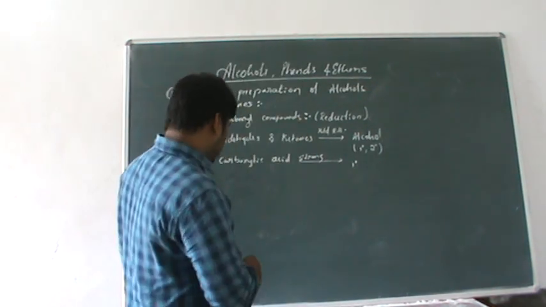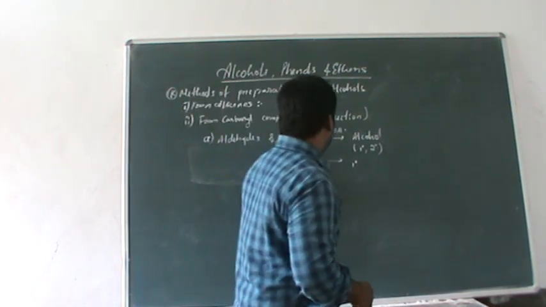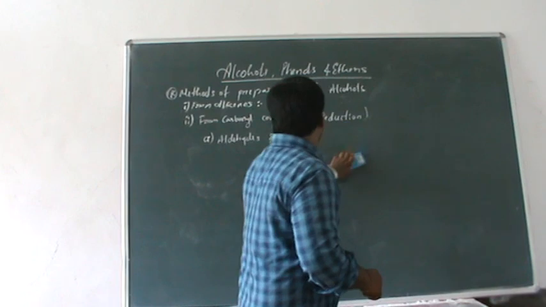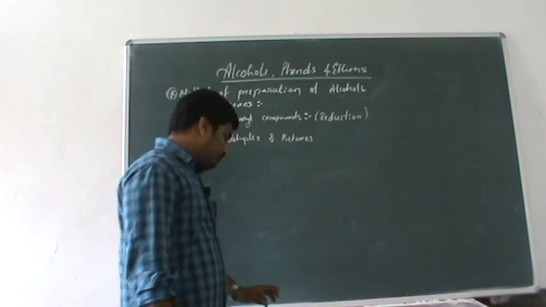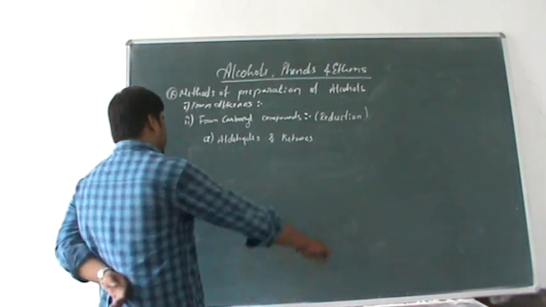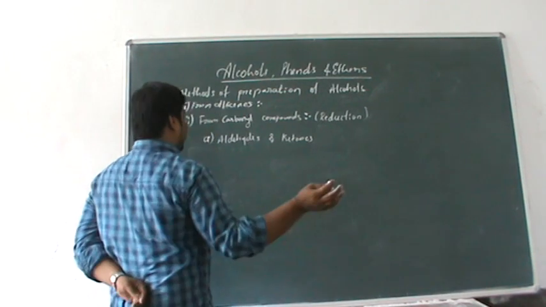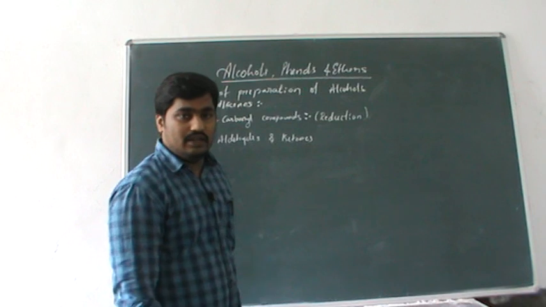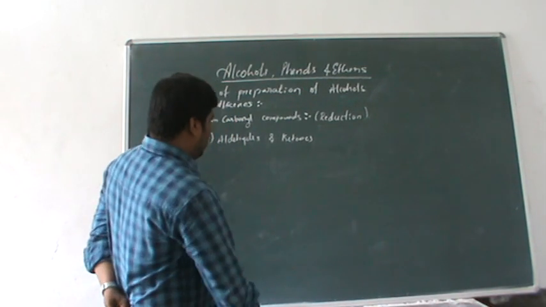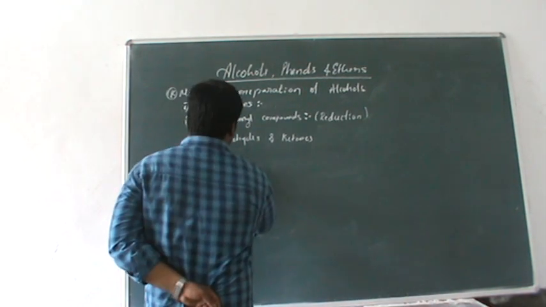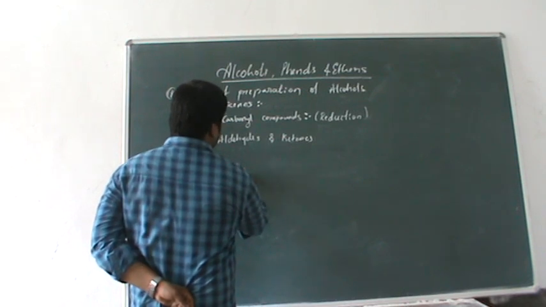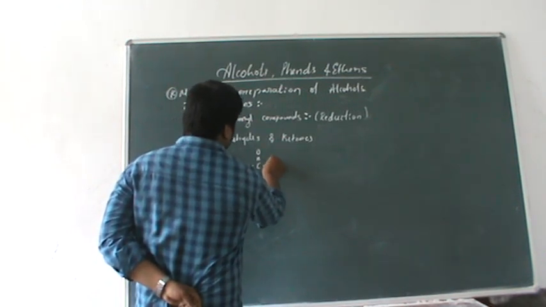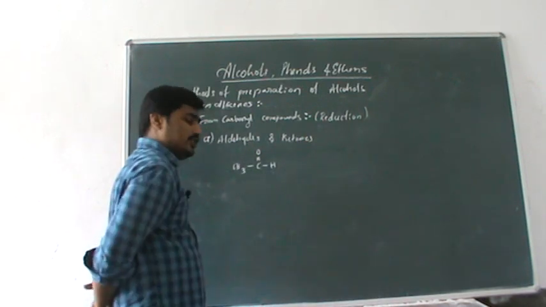Let us discuss the preparation of alcohols from aldehydes and ketones, and consider a simple example, the second member of the aldehydes. Can anybody give the name of the second member of aldehydes? CH3CHO.